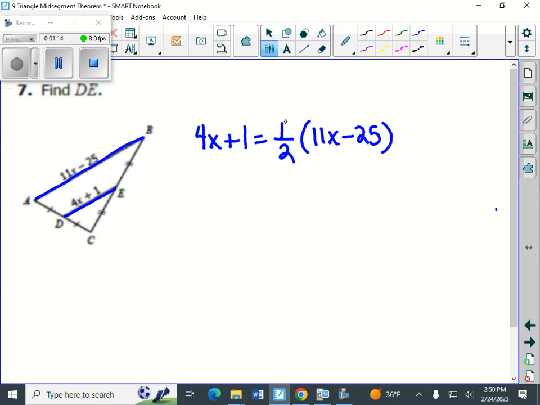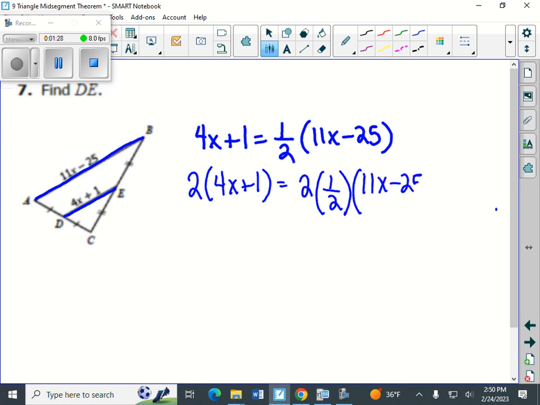So we multiply 4x plus 1 times 2, and then we multiply 1/2. The reason that we multiplied 1/2 times 2 is because the 2's cancel out. And now we just have 2 times 4x plus 1 equals 1 times 11x minus 25.